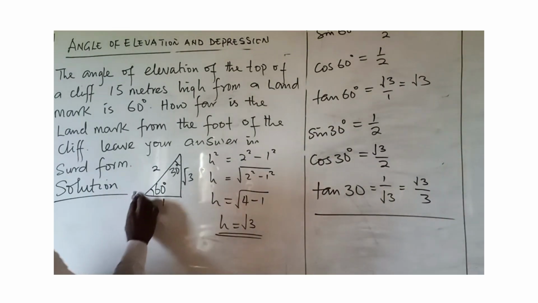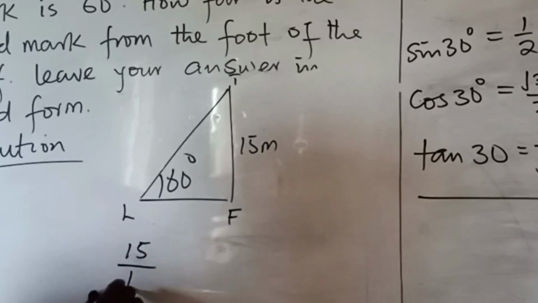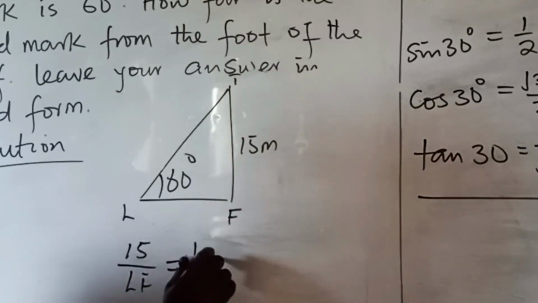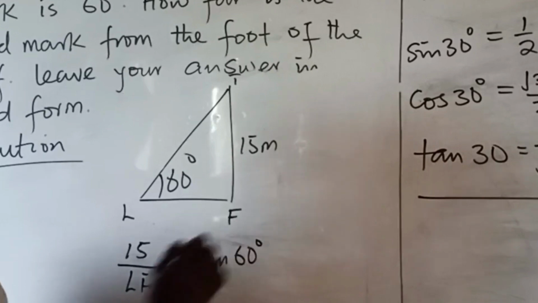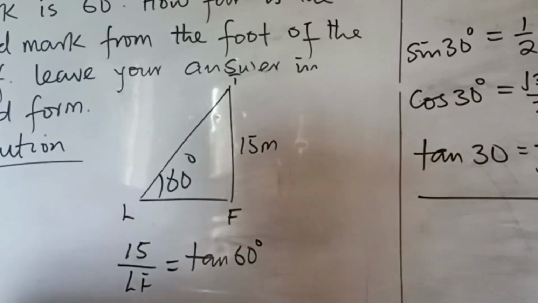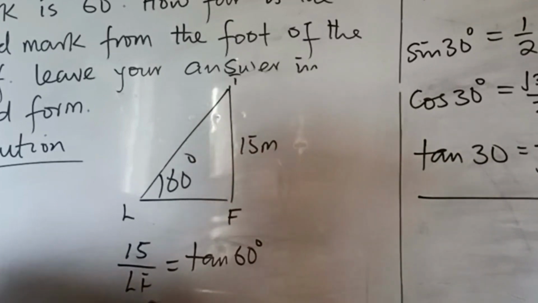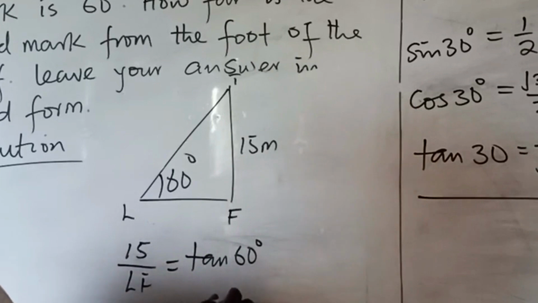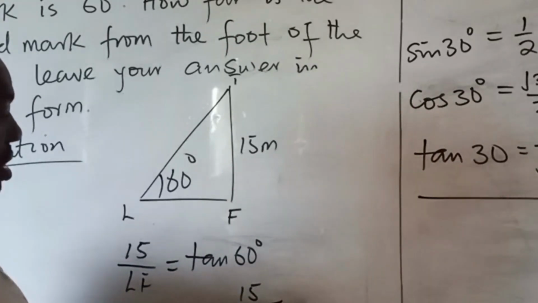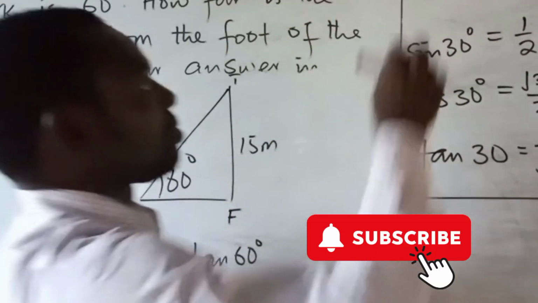Then applying these, 15 all over LF is equal to tan 60 degrees, which is opposite over adjacent. So this implies that LF is equal to 15 all over tan 60 degrees.